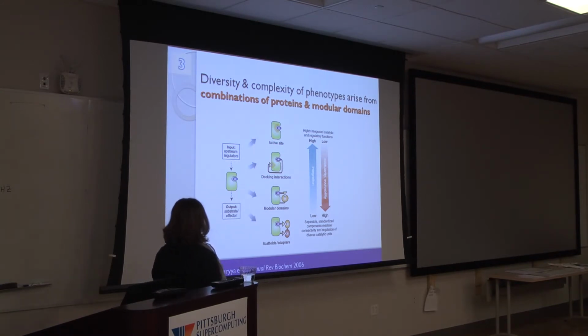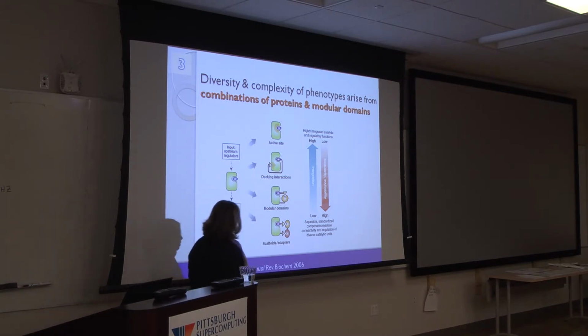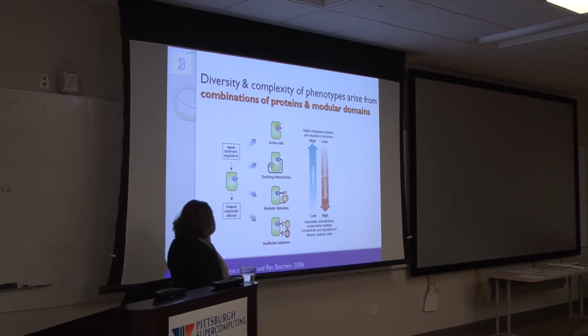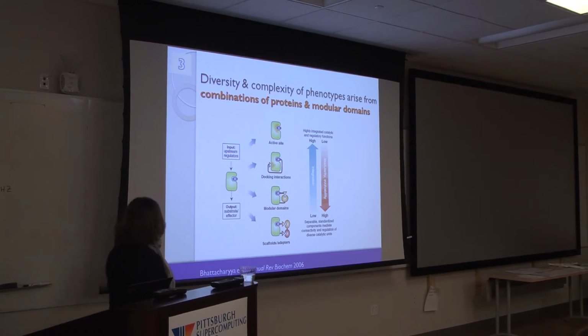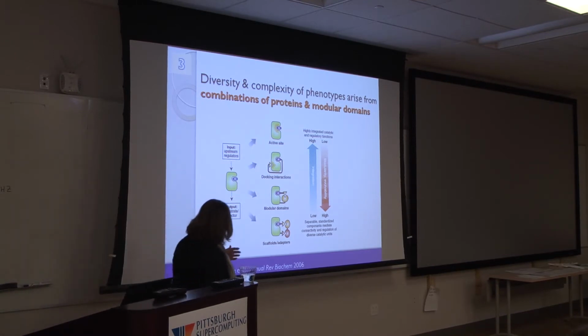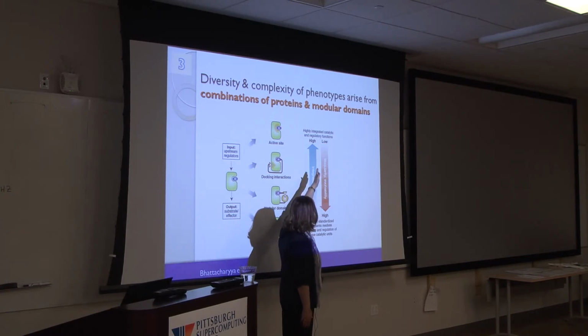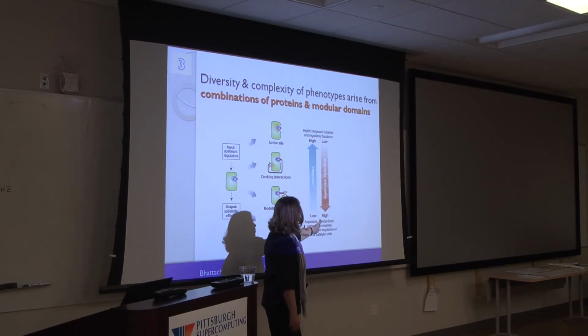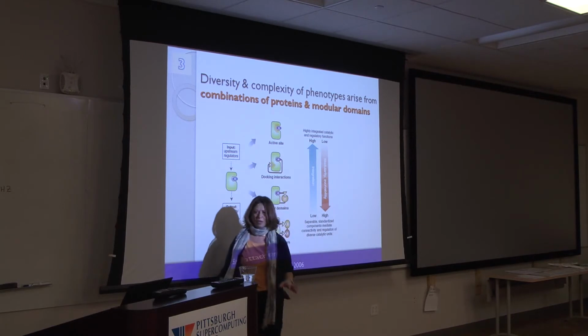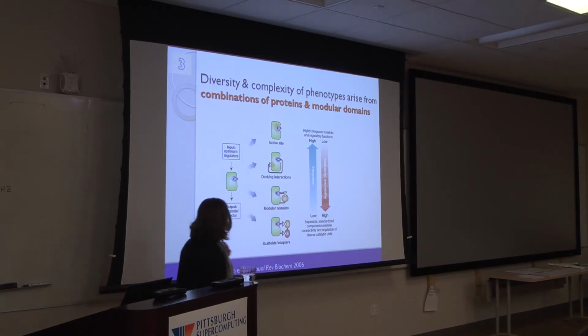So this is from a very nice review from the group of Wendell Lim at UCSF, where he has been emphasizing how, with increasing modularity, the red diagram, you have a complexity of behavior.